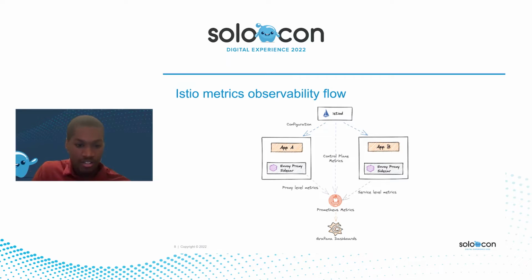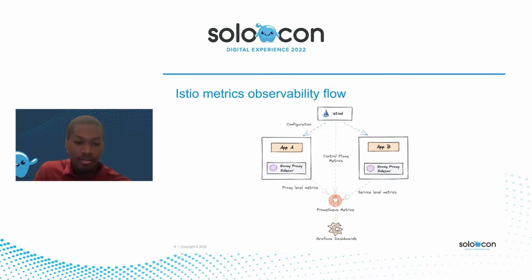Those are metrics about the inbound and outbound traffic passing through the proxies. An example of that would be the number of requests with 503 response codes, for instance. And then the service level metrics are specifically metrics about the service communication. With those metrics, you can see the number of requests sent from app A to app B.